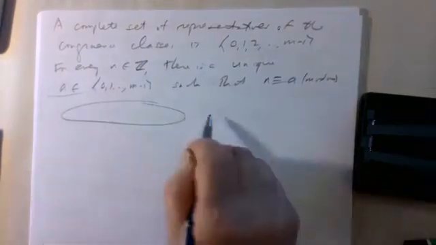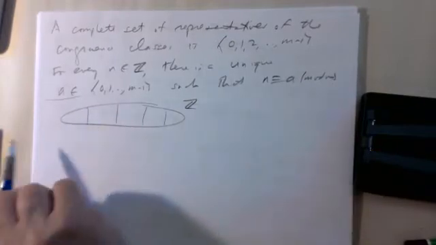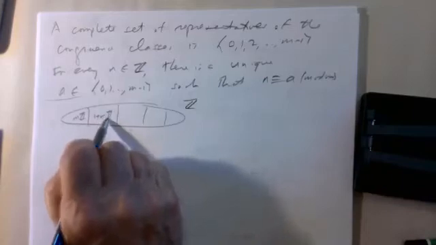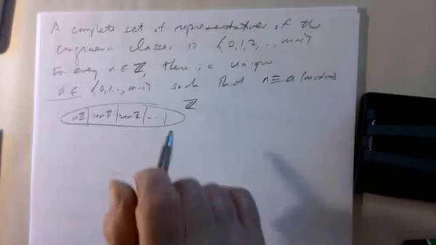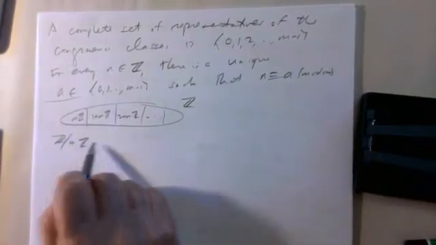So we have a partition of Z into congruence classes. mZ, 1 plus mZ, mZ is just 0 plus mZ, 2 plus mZ, and so forth. And we write Z mod mZ.